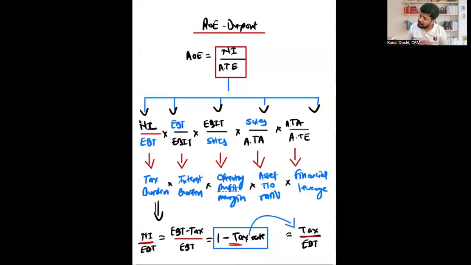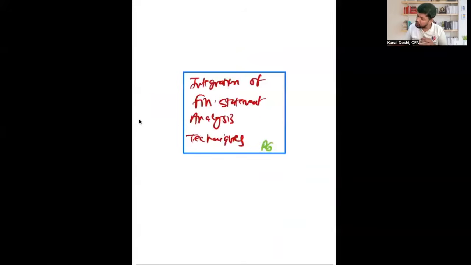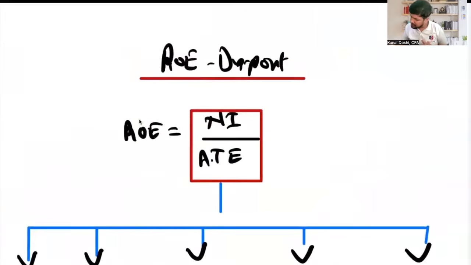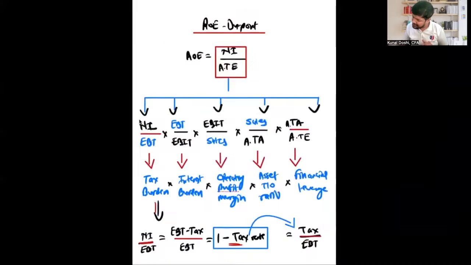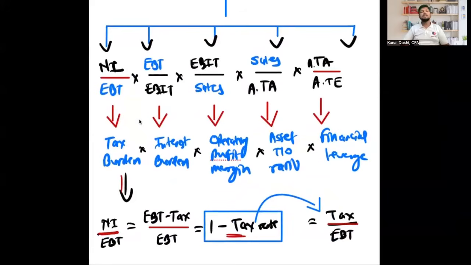Sometimes, instead of giving you the tax burden directly, they will give you earnings before tax and tax information. From that, you can get the tax rate, and 1 minus tax rate is your tax burden. So if their tax rate is 40%, 1 minus that is your tax burden.